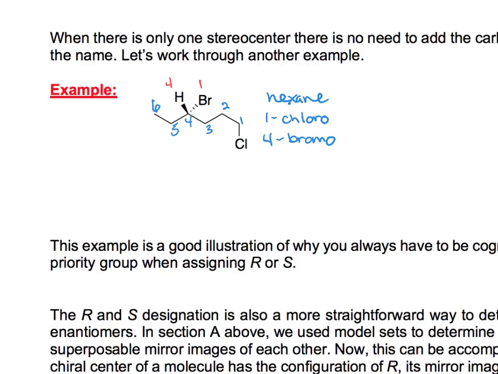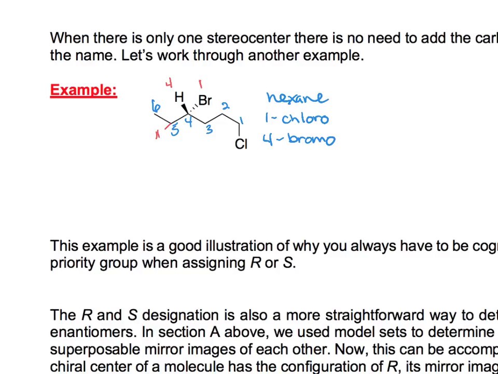It's 1. And now we have to determine which side is higher priority. We've got a carbon and a carbon, so we have to try to break the tie. Well, this carbon here is attached to another carbon and 2 H's. So let's draw them in.